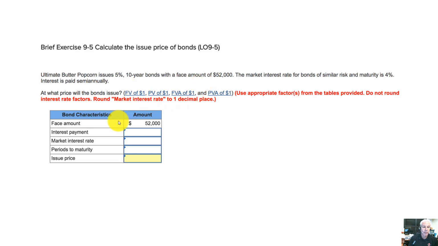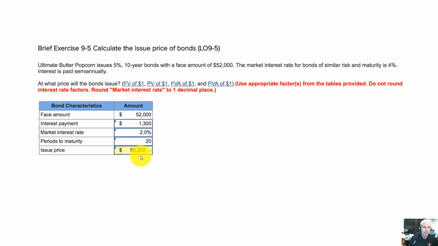And then we can get the market rate of interest, which is half of the market rate because it's semi-annual. So 2%. Periods to maturity is going to be 10 years times 2, or 20 periods. If you do the issue price, add up the factors, add them together, you'll get 56. You'll get this to be a premium bond above face value.